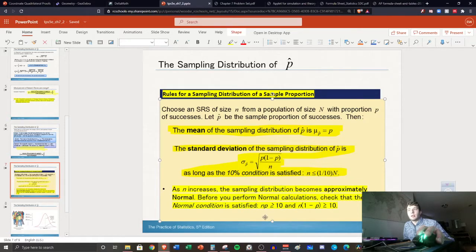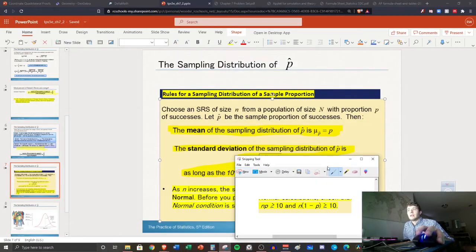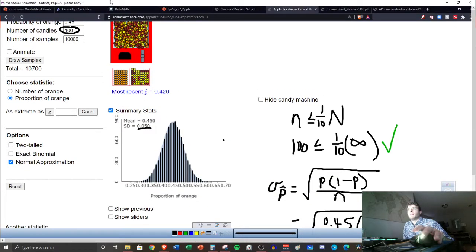So we have this formula here, n times p greater than or equal to 10, and n times 1 minus p greater than or equal to 10. So we have to confirm those conditions before it's normal. And I'll explain this a little bit further in a second. So let me paste this in.